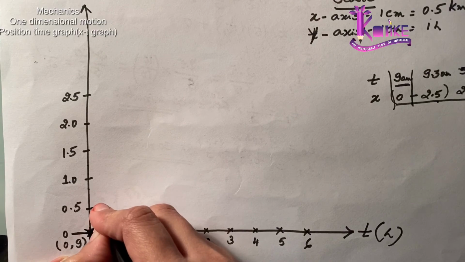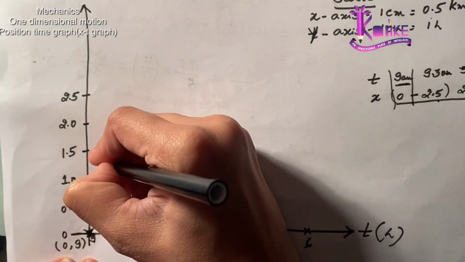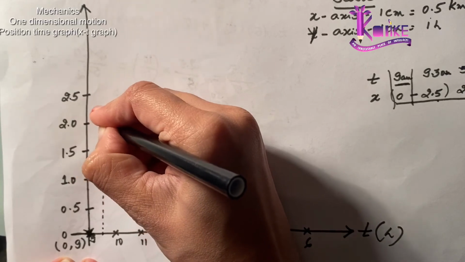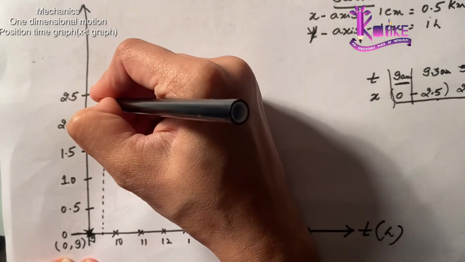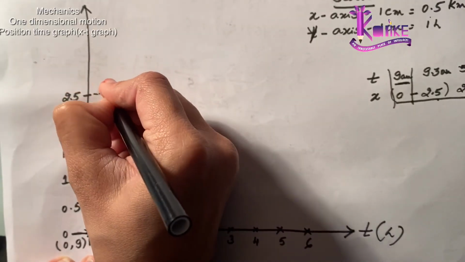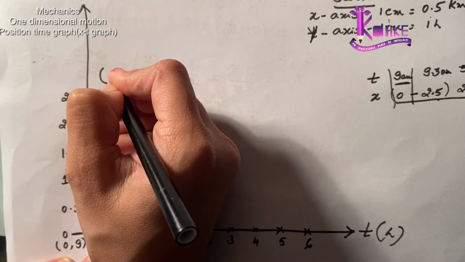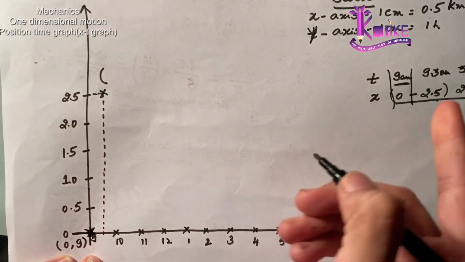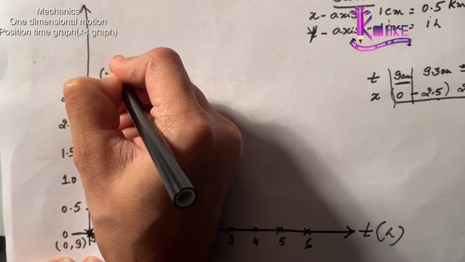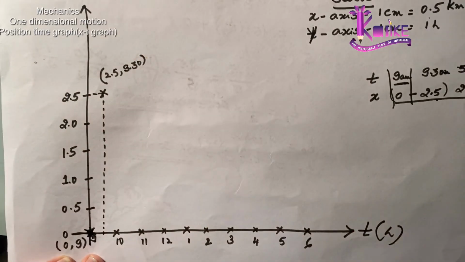So, if I plot this, this is her position. What are the values? What is the value of x? This is 2.5 comma 9:30. These are the values of x and y.